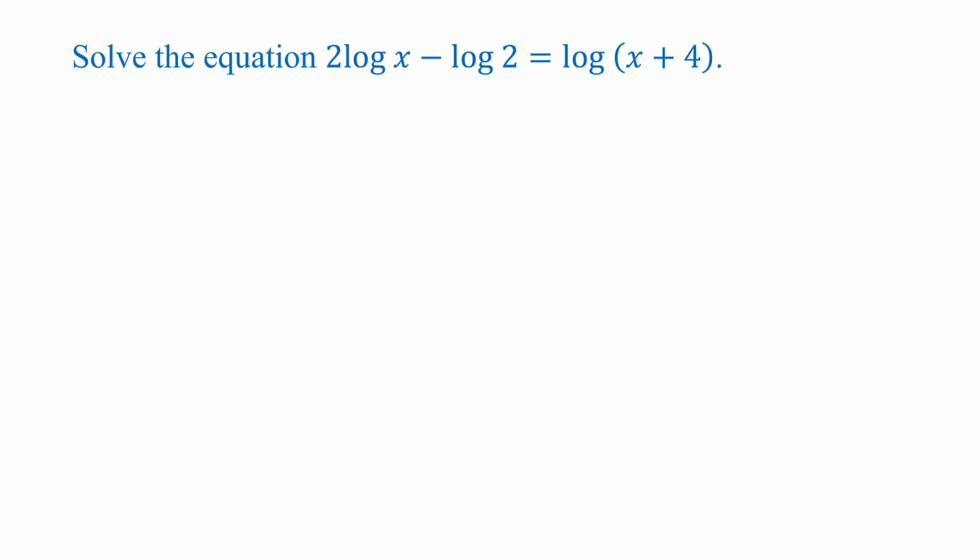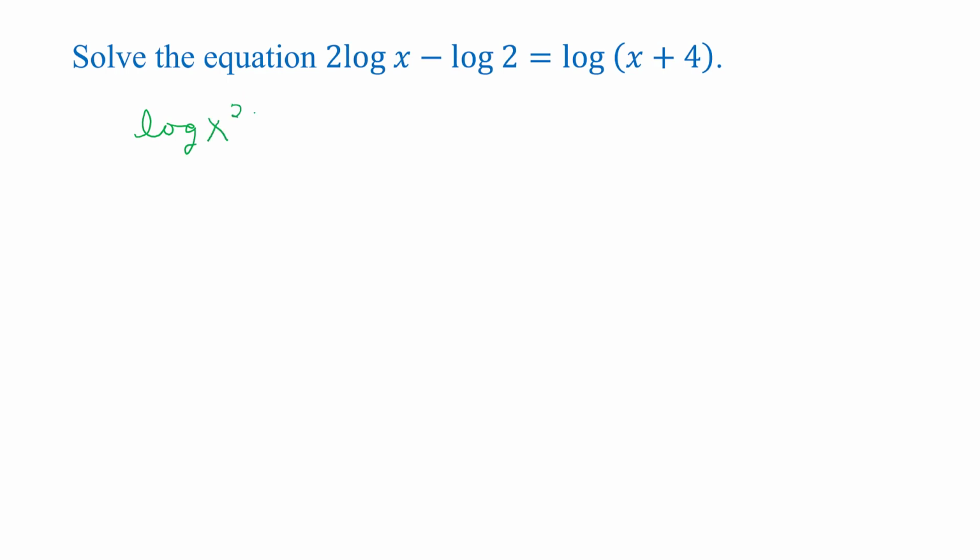Now let's solve the logarithmic equation 2 log x minus log 2 equals log of (x plus 4). This is log to the base 10. The first thing I will do is turn this 2 log x into log of x squared using the property of exponents.